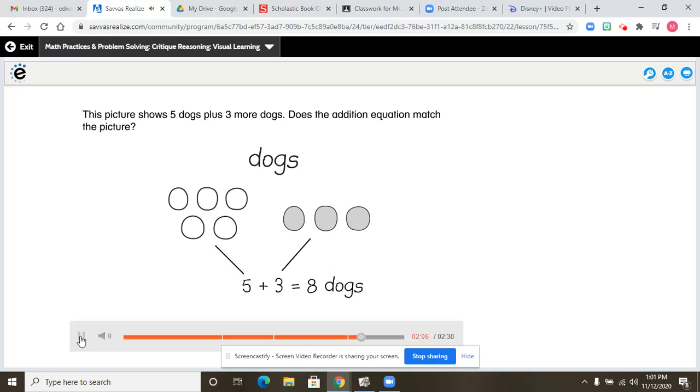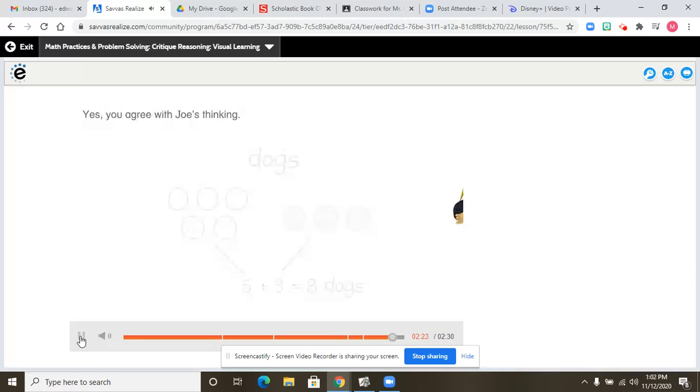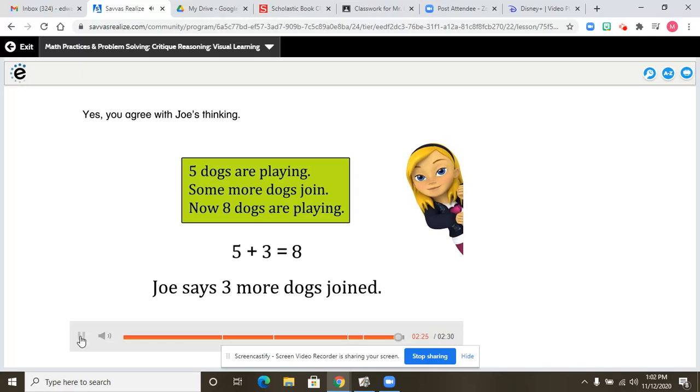Does the addition equation match the picture? Yes. 5 dogs and 3 more dogs can be described with the equation 5 plus 3 equals 8. So, do you agree with Joe's thinking? Yes, you agree with Joe's thinking.